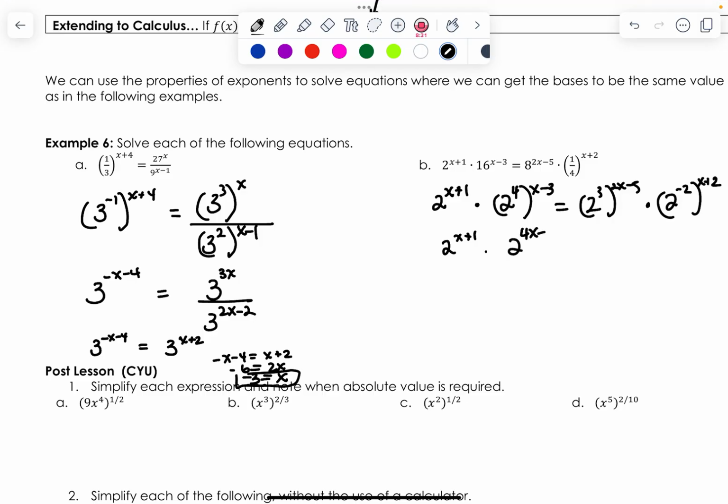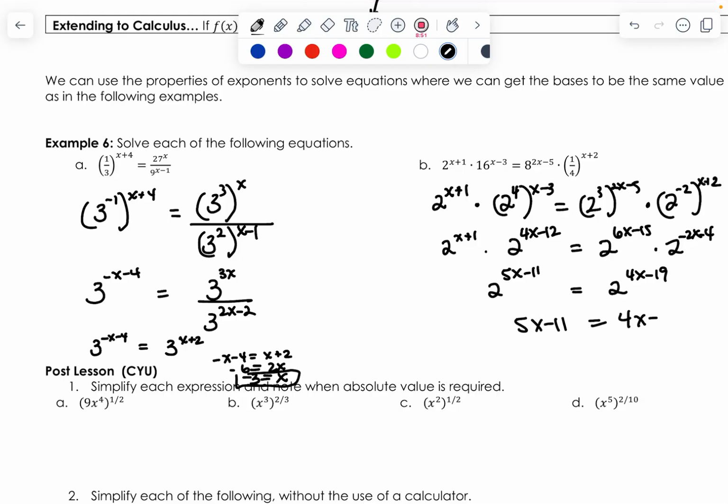So then let me multiply my exponents. All right, now I'm in a position where I'm going to add the exponents. And now I can set the exponents equal. So I'm getting x is negative 8. Okay, there you go.